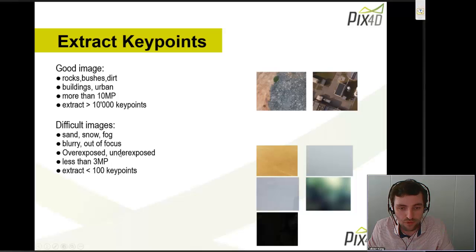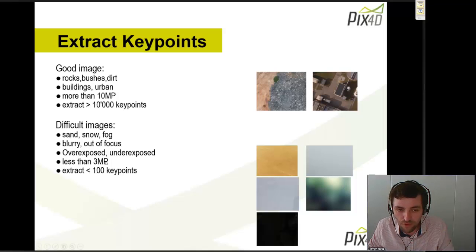If you are overexposed or underexposed, this will also greatly reduce the number of key points that can be extracted. However, just as a tip, if you have to choose between being slightly overexposed or underexposed, we would recommend being slightly underexposed, as you can still get a few more features by being underexposed than overexposed.